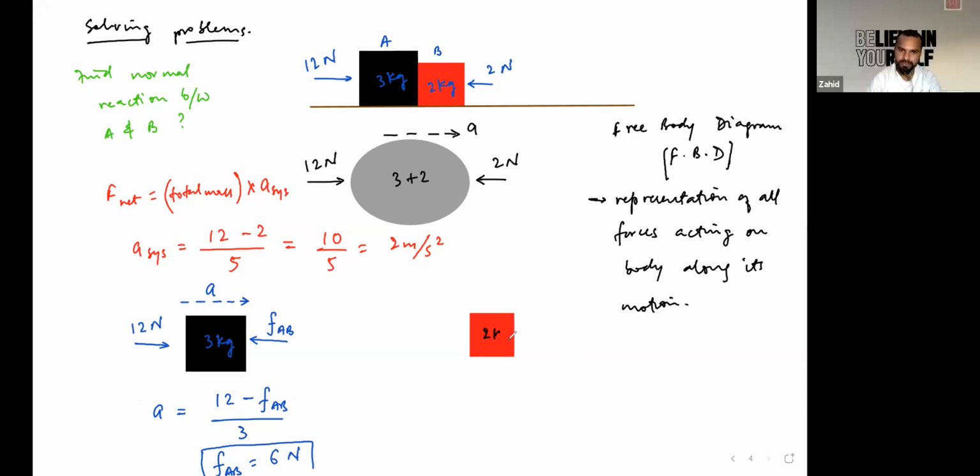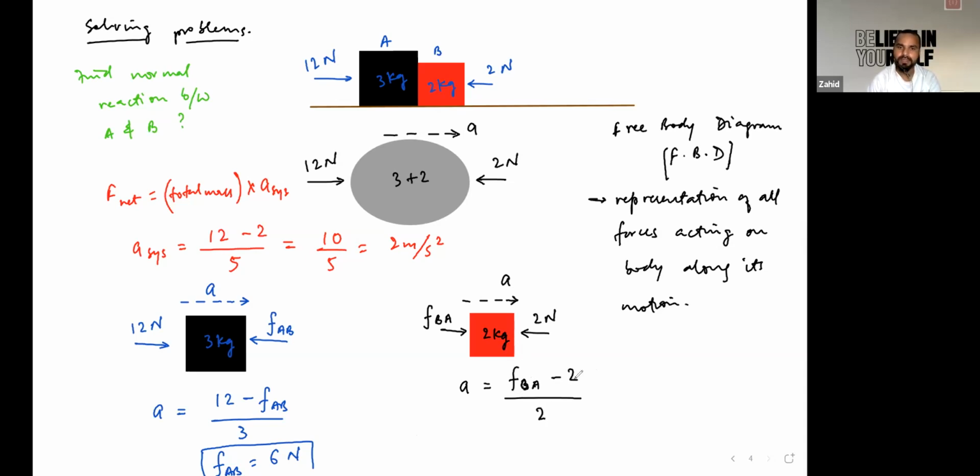Now, similarly, if you do it for the 2 kg block, there would be a force along this direction, which must be applied by A on B. So you can call it the force on B due to A. And we have another force along this direction that is 2 Newton. As the whole system is going along the right side with the same acceleration a, apply the formula: a equals net force, that is FBA minus 2, divided by the mass of the block, that is 2.